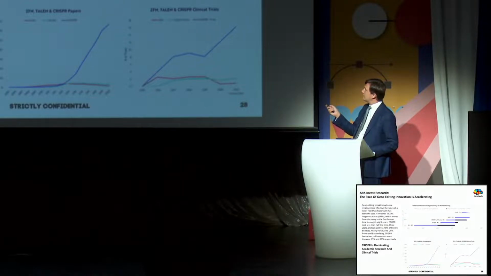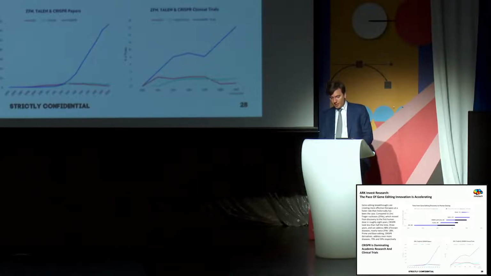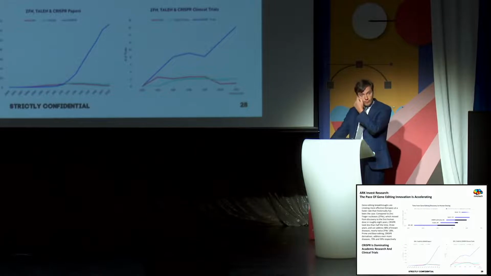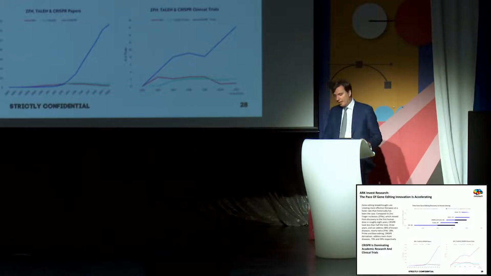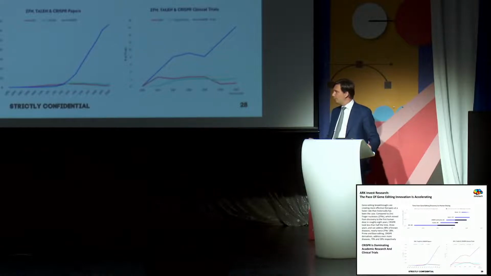So this is just a quote, the citation: CRISPR showed that gene editing is getting much faster in terms of development, and would become one of the major technologies in the next 5 to 10 years, dominated by CRISPR.